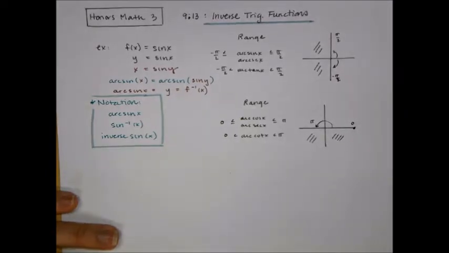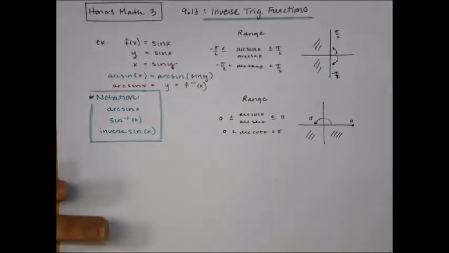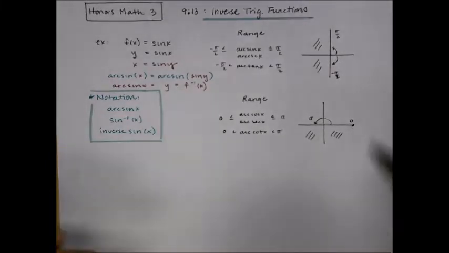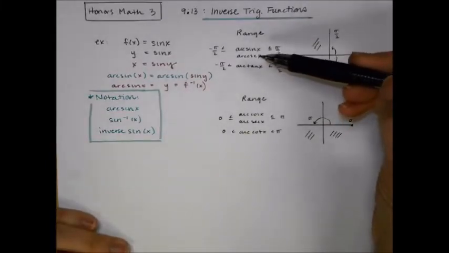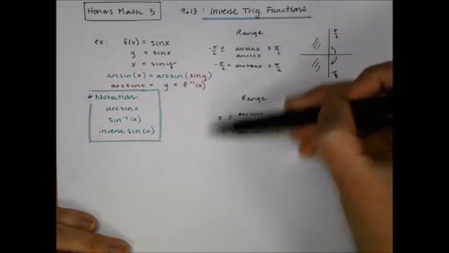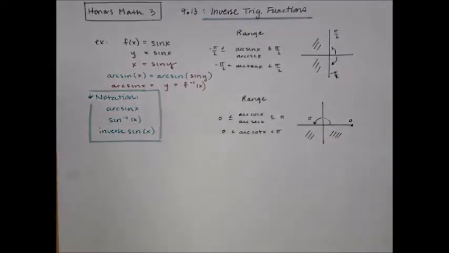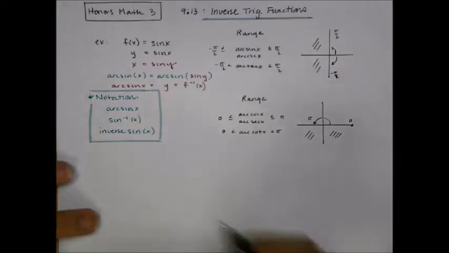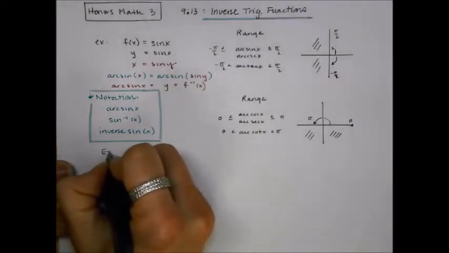All right, so we're going to be given values of the trig function, and then we're looking for the angles where those occur. So we are just solving problems a little bit backwards, if you will, of what we have been doing. So we'll do several examples here.